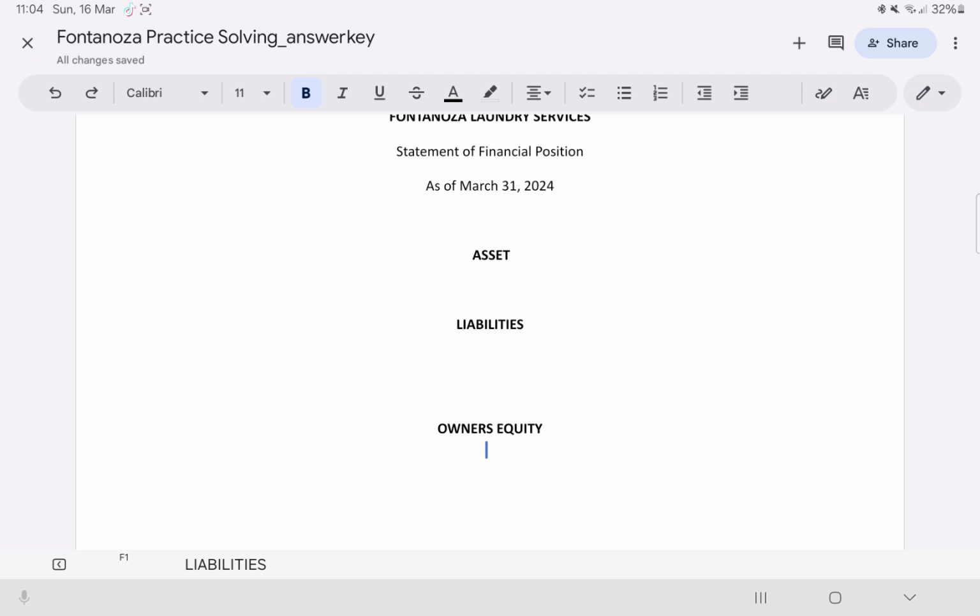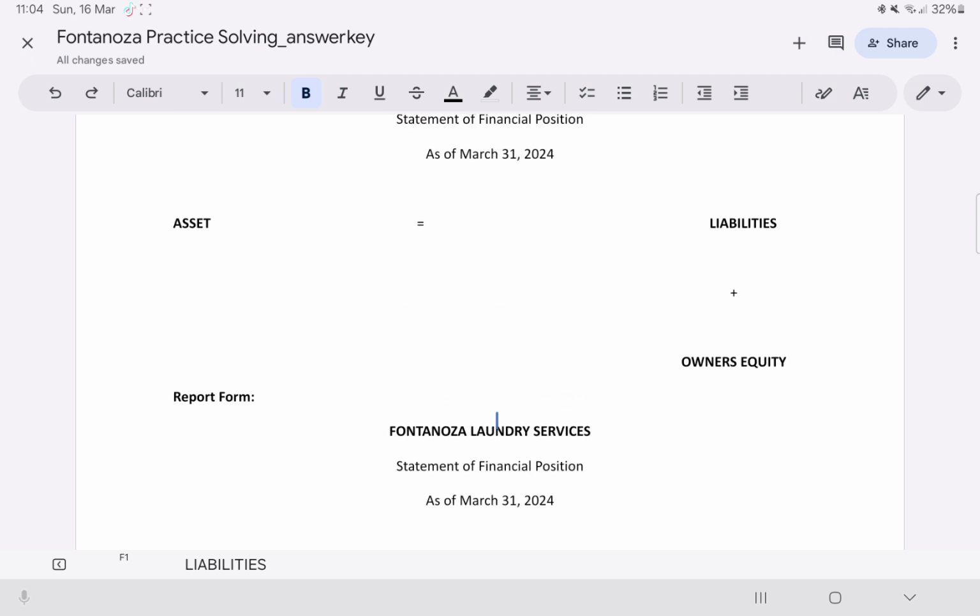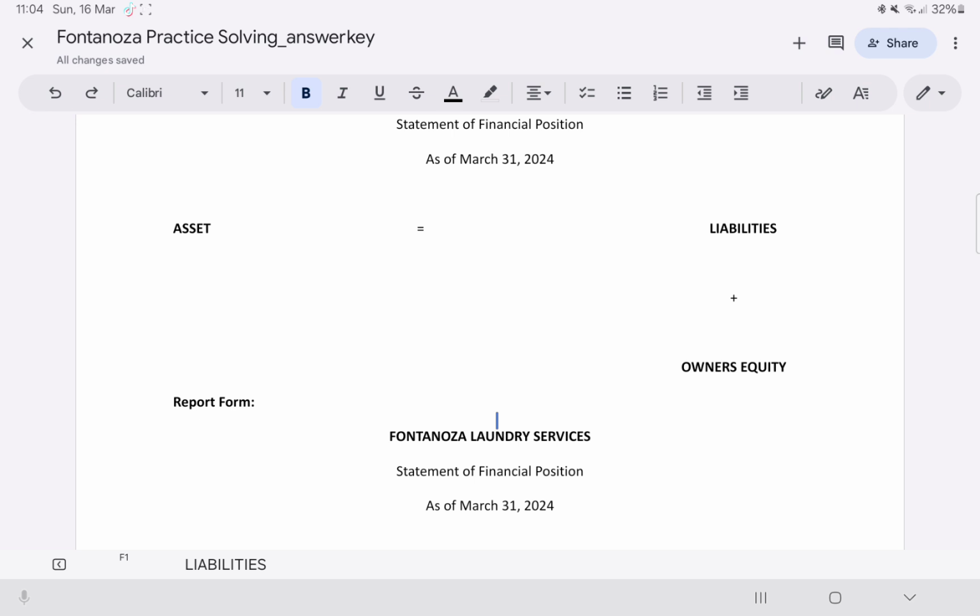So in the problem, my dear students, it depends upon the given requirement of the professor, or as specifically indicated in the transaction. Some requirements will let you solve the account form or the report form.